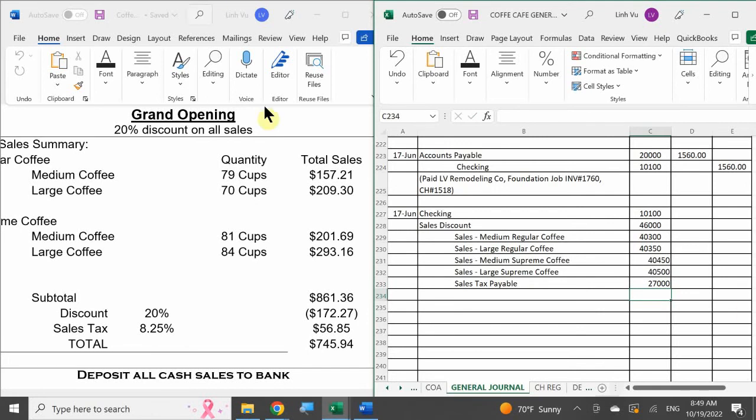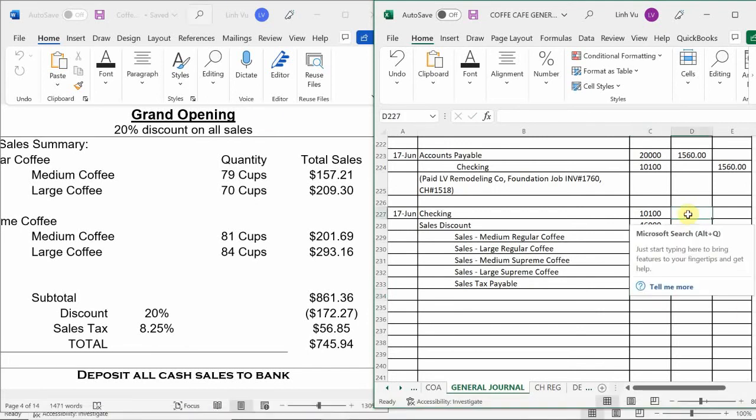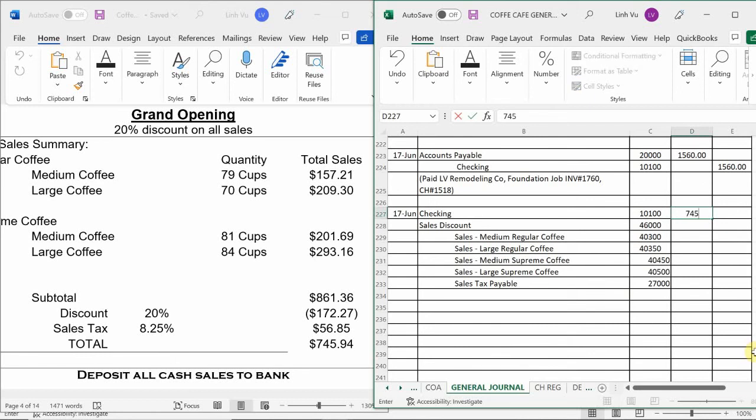So how much money did we collect? $745.94. How much was my discount? The discount was $172.27. Okay. How much did I sell for my medium regular coffee? 157.21.